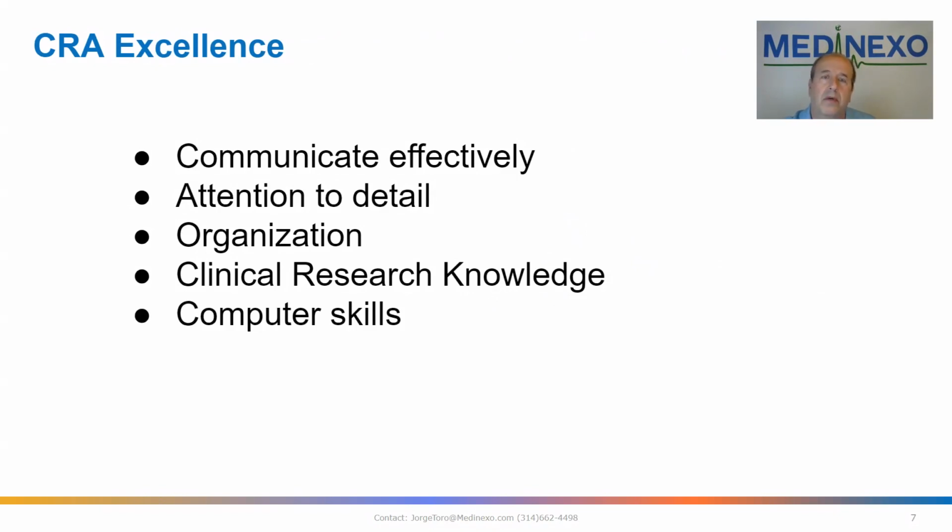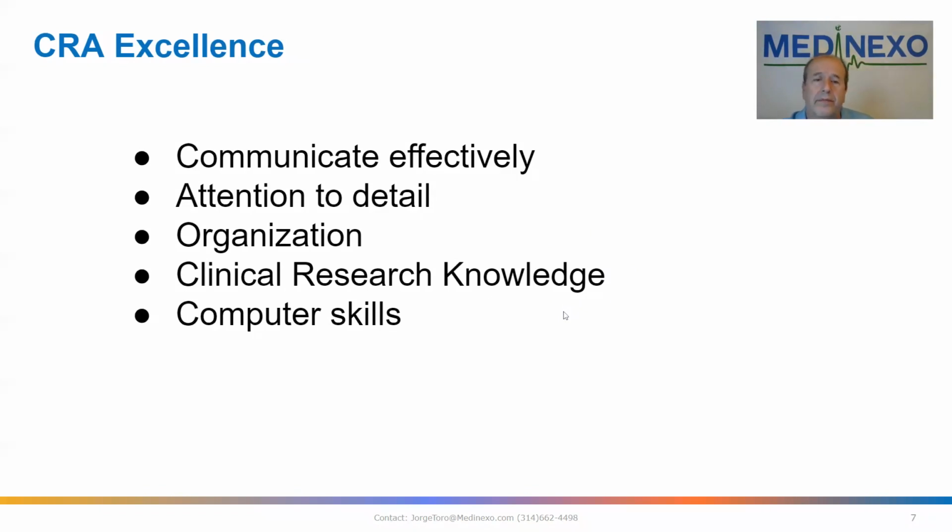You want somebody who's very handy with technology, because in today's world, more and more technology is necessary, and specifically now when we're going so much into centralized clinical trials. So thank you, Mark De Souza, for the tips. Here's what I consider, and also agree, is CRA excellence.